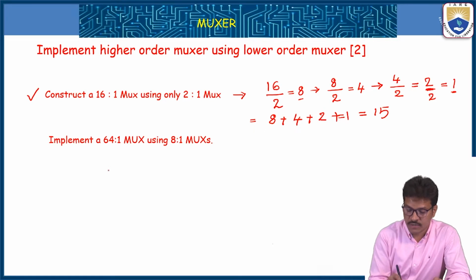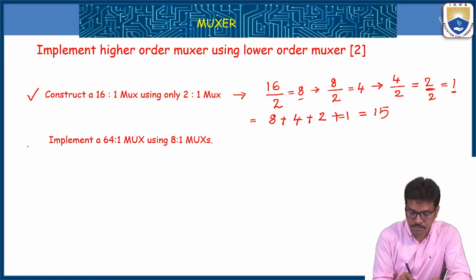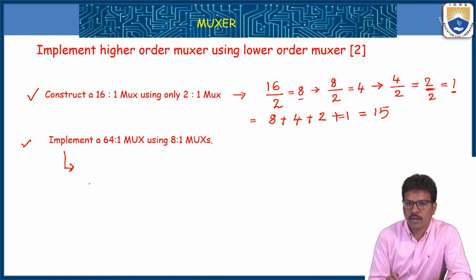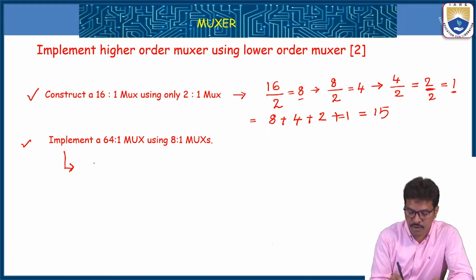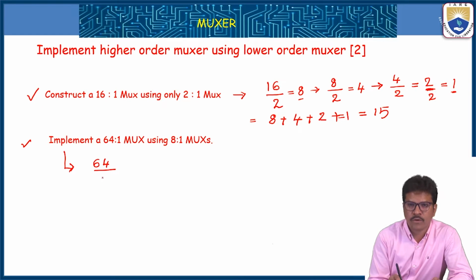And if you see this one, for the second example, how many 8 by 1 multiplexers are required to design a 64 by 1 multiplexer? Take the given multiplexer 64, divided by the multiplexer to be designed, which is 8.